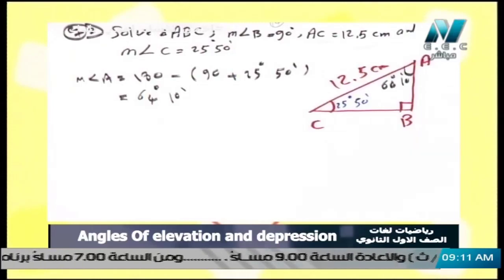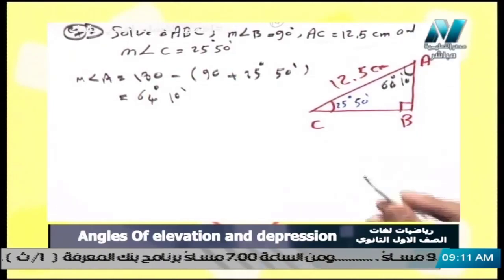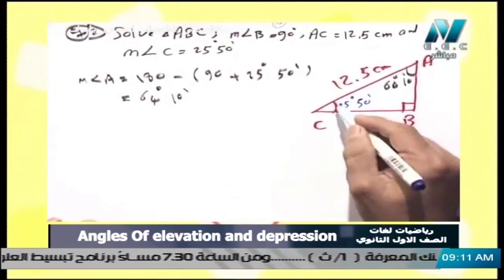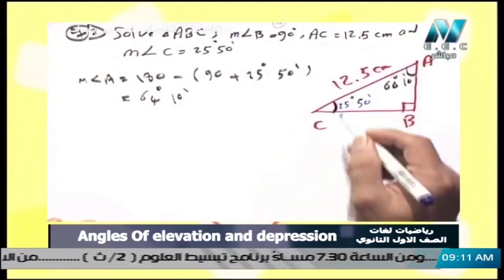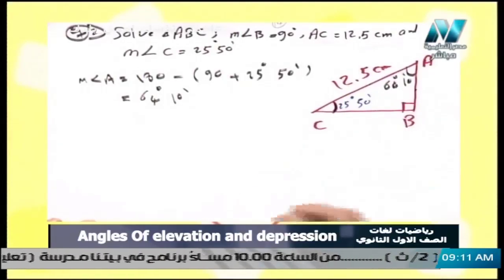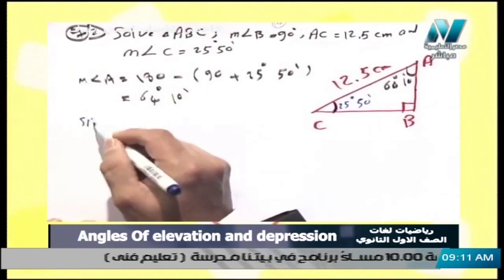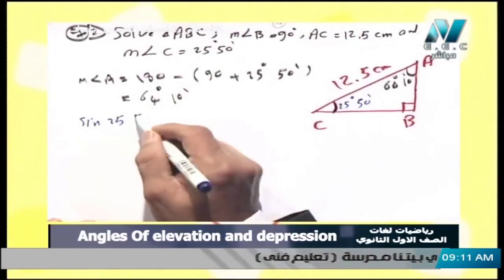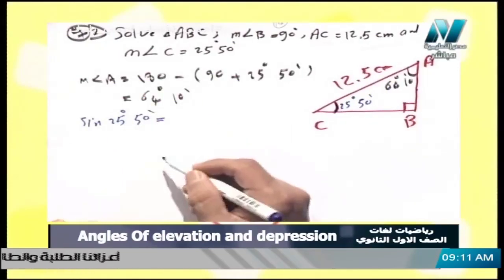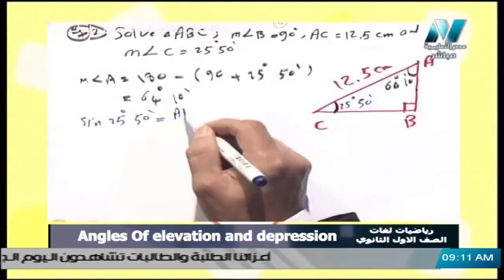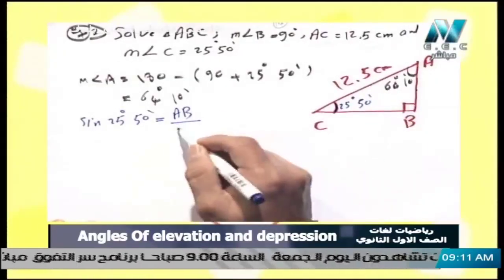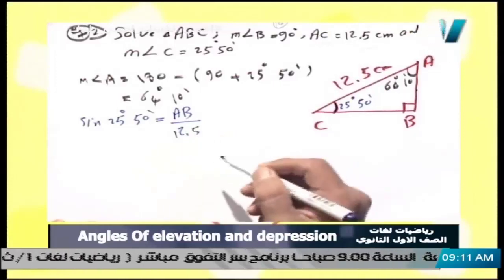To find another side, which is AB as an example, we will use this angle. Its sine will be opposite over hypotenuse. So sine 25 degrees 50 minutes equals AB, which is opposite, over the hypotenuse, which is 12.5.